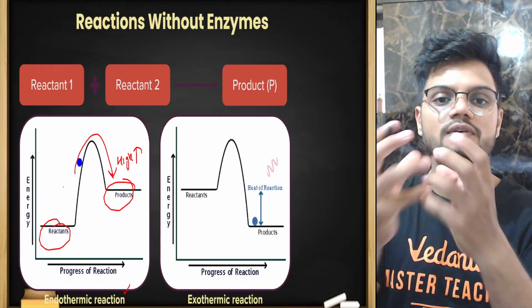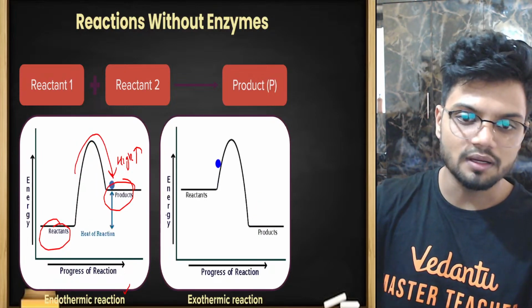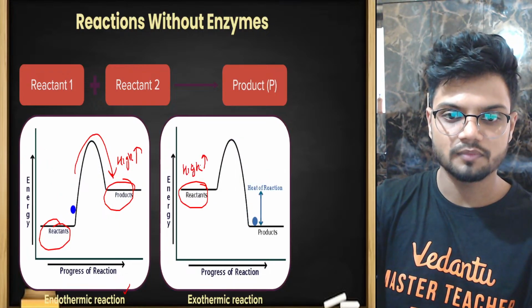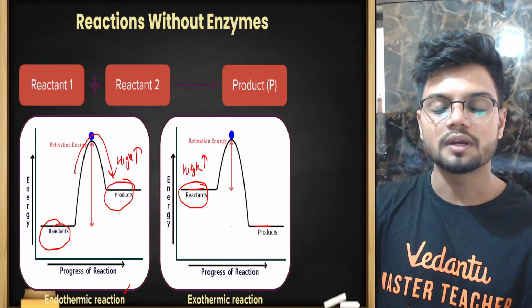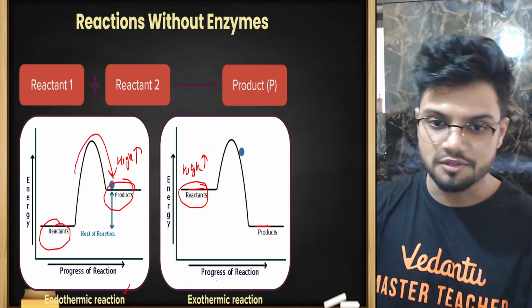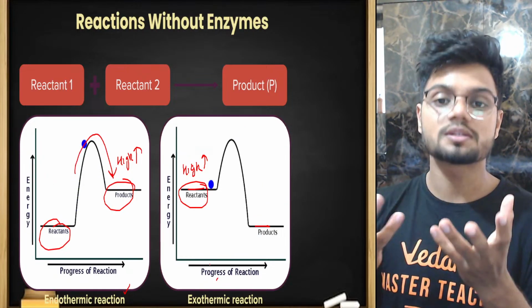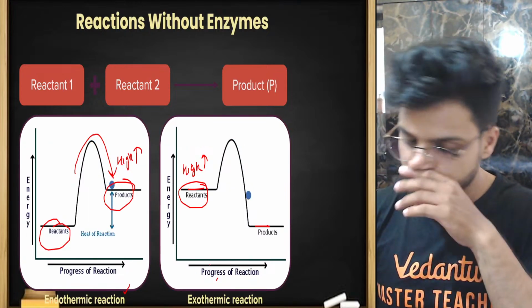So absorbing of energy is called as what? Endothermic reaction. Now if you look at the exothermic, reactants have high energy here. Now you tell me, if reactant has to reach the energy level of product, it has to lose some energy now. So exothermic reaction. In exothermic reaction, energy is being lost. Okay.